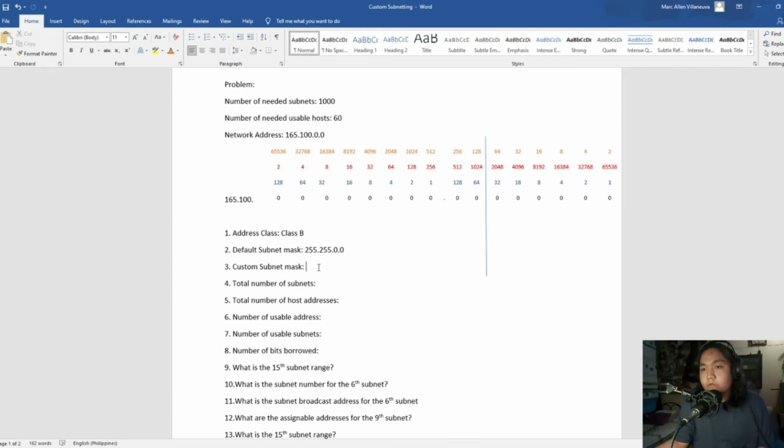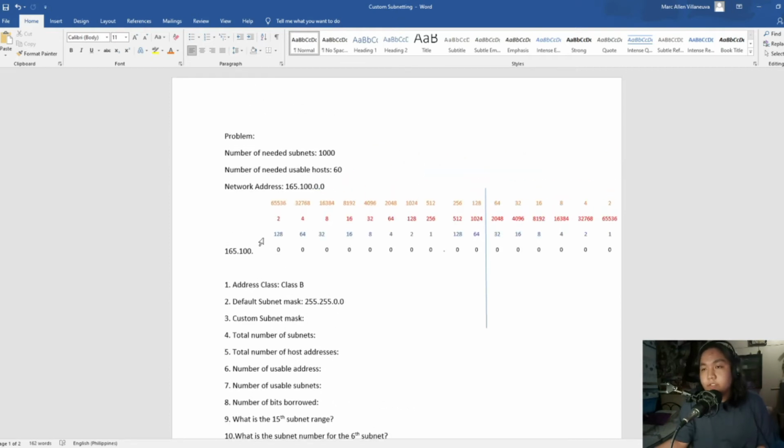To identify the custom subnet mask, we have our first octet here. We cannot combine both octets. We have completely 8 here, so our third octet will be 255, because if we add this all together, the answer will be 255. So we put 255.255.255.